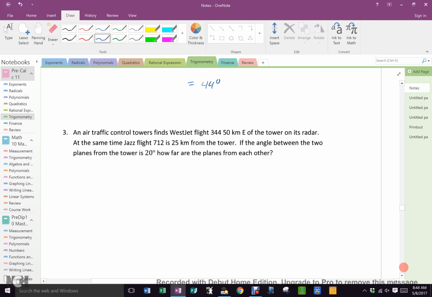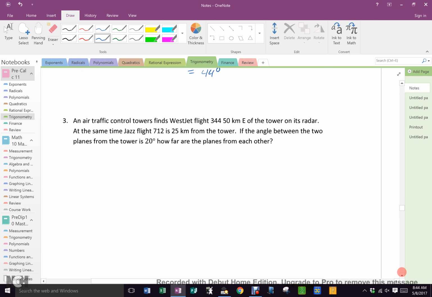I don't know if I've told you guys about this question, but I have given this in the past and had a kid say that the airplane was 34,450 kilometers east of the tower. I hope they get the joke.